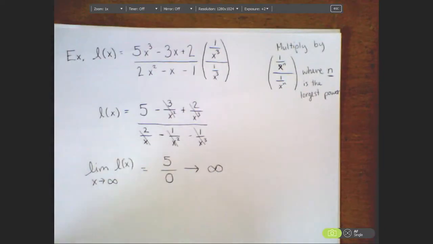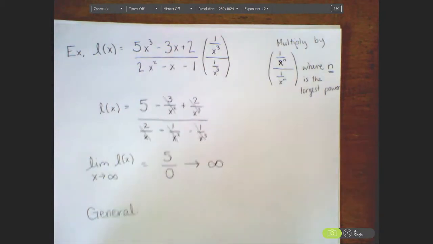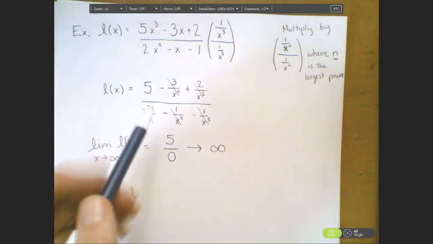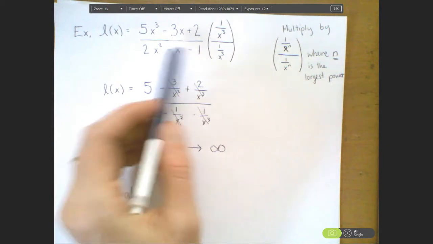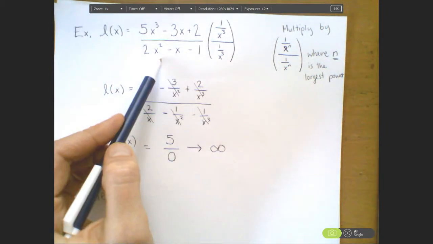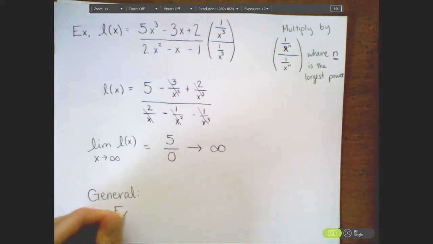From these two examples, we can generalize our result. We can see that if the top polynomial and the bottom polynomial have the same degree, it really doesn't matter what all of the final terms are. Really, we're only interested in comparing the leading terms. And if the leading terms are both the same degree, so I'll give an example of that.